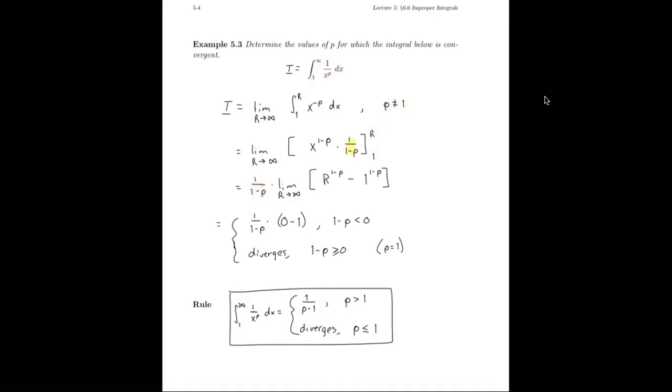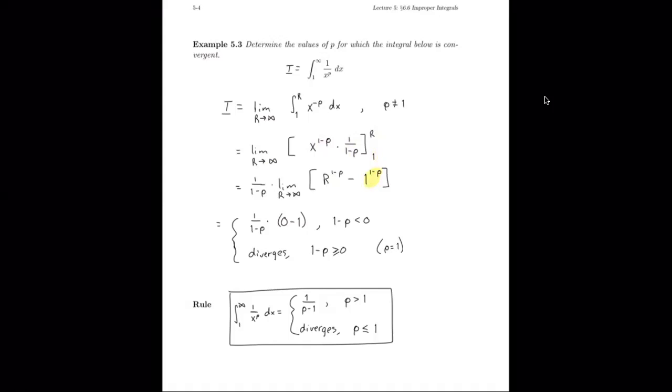And we evaluate our function x to the 1 minus p at r, and minus our evaluation at 1. So r to the 1 minus p minus 1 to the 1 minus p. Well, 1 to the 1 minus p is just 1. And then r to the 1 minus p as r goes to infinity.